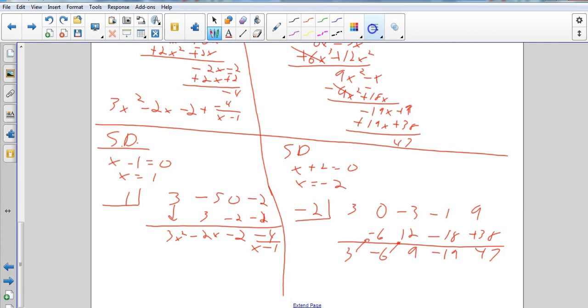So I'm going to end up with x cubed, x squared, x, constant, remainder.